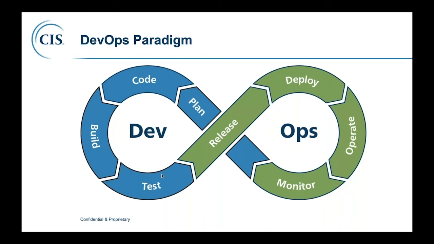So you have a cross-functional team that has all of the disciplines represented in that team with the shared goals, their shared objectives, shared tasks, things that they need to get done.